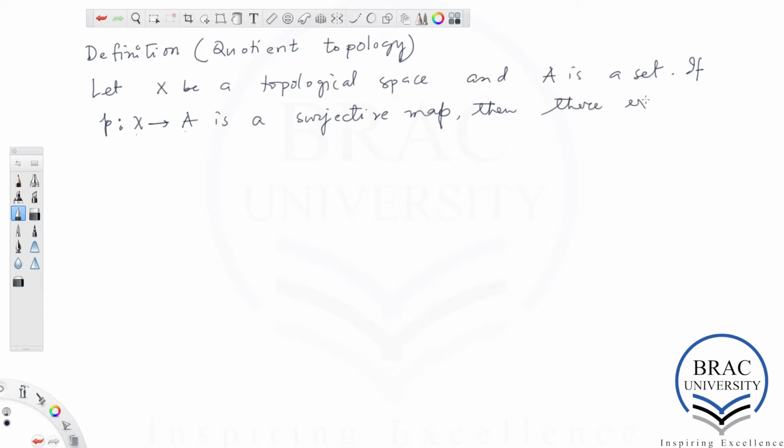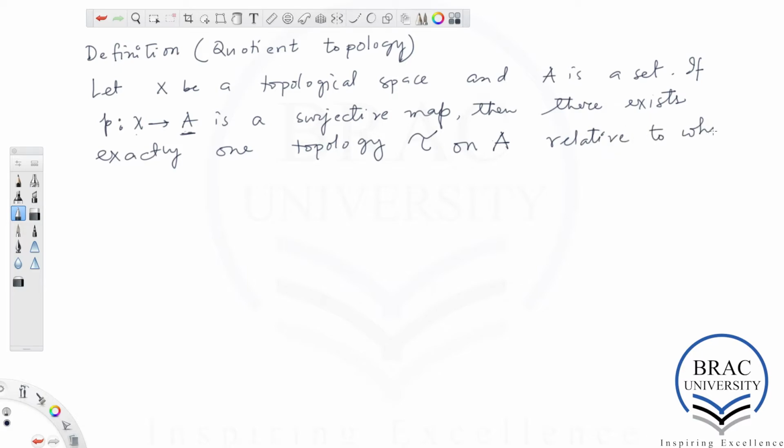there exists exactly one topology, which we call tau, on this set A, relative to which P is a quotient map. We know the definition of quotient map. So there is no more than one topology on A with respect to which P will be a quotient map.